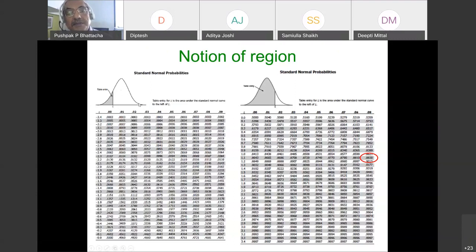That will be the error region, and its area is 5%. So we can be sure of 5% error if we insist on a 95% confidence interval being true. So this is our basic instrument.